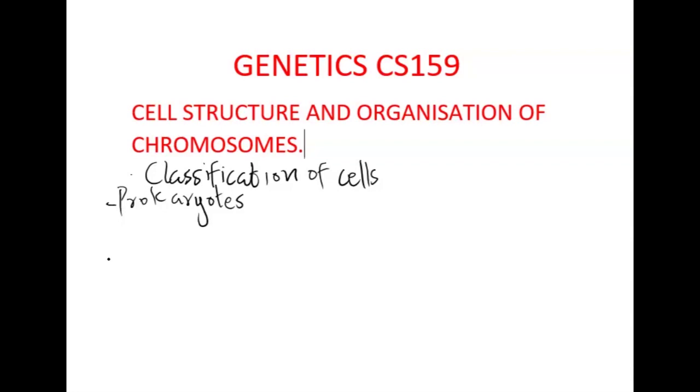Prokaryotic cells are normally smaller than eukaryotic cells, and their genetic material isn't stored in a nucleus but in a nucleoid that floats in the cell's cytoplasm.